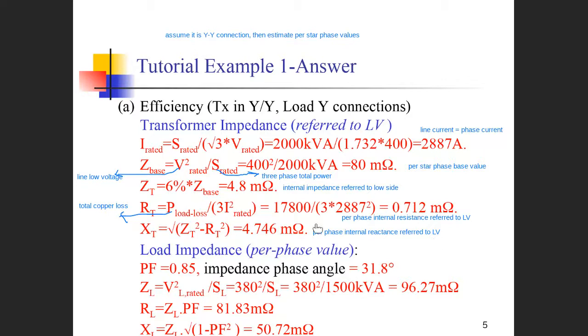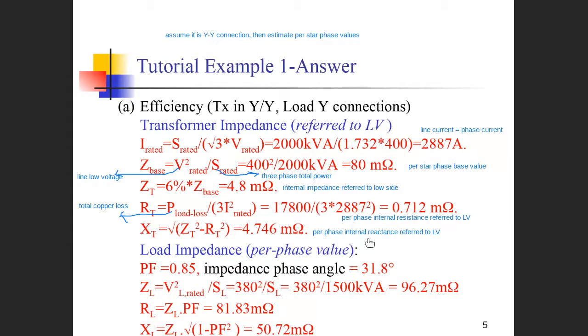So based on the given specifications, we got the rated secondary current, the secondary base impedance, and the secondary referred internal per phase impedance, resistance and reactance.